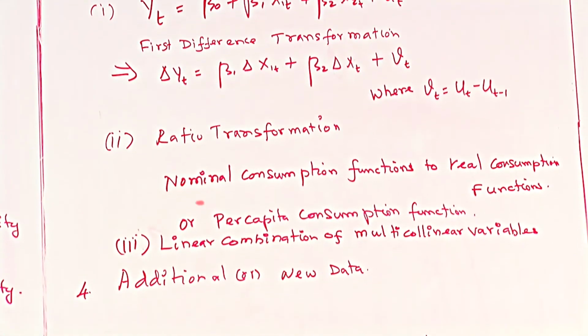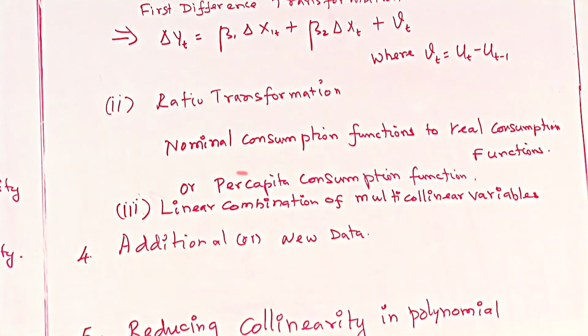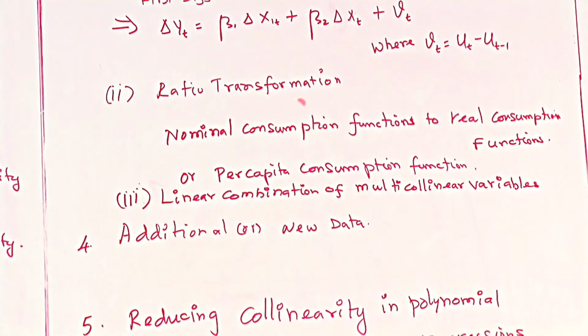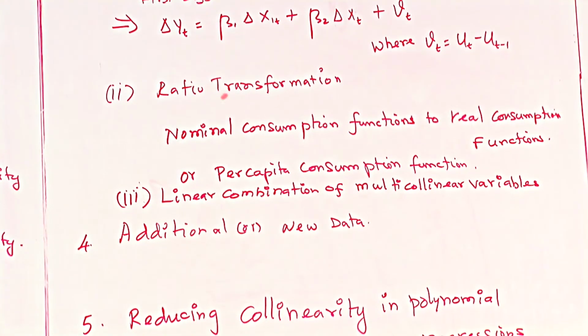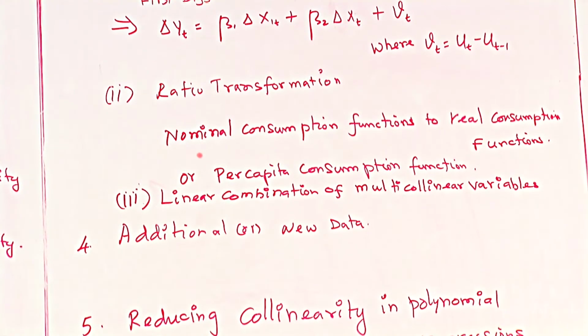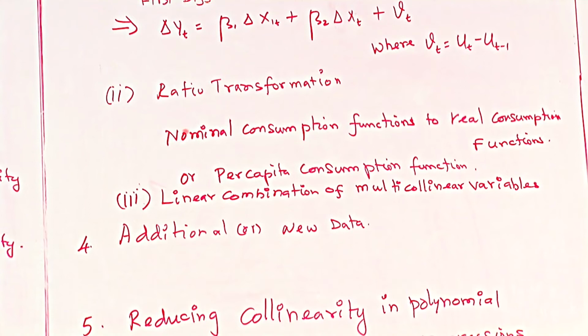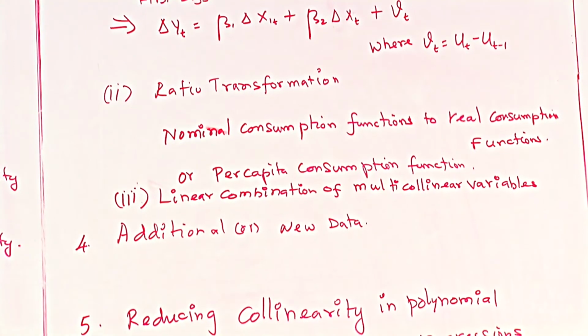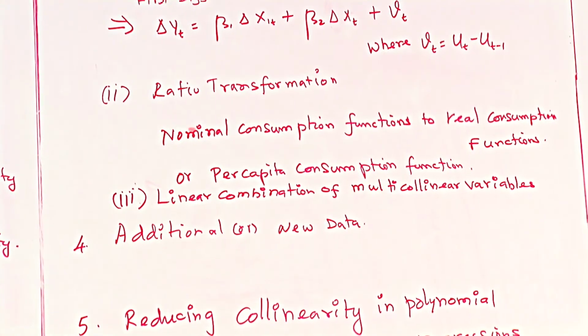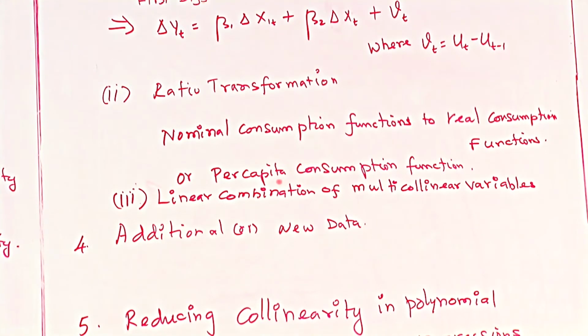Then if it is a cross sectional model, we may consider running the regression model with the nominal values or per capita basis. So, these transformations can be used to address the problem of multicollinearity.